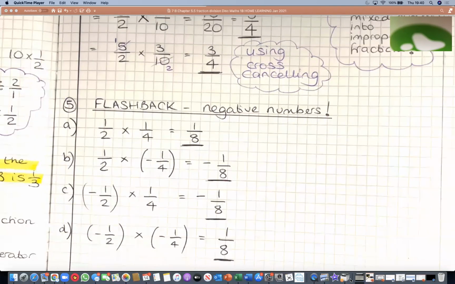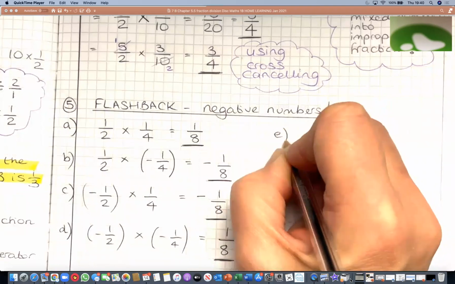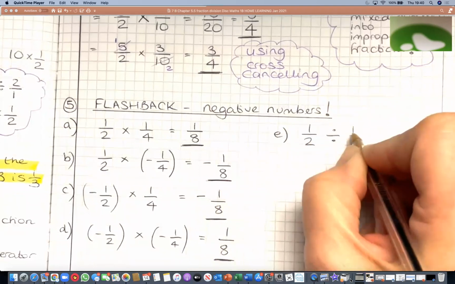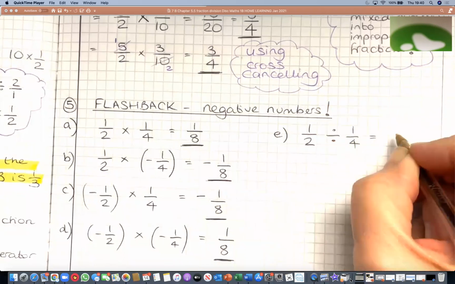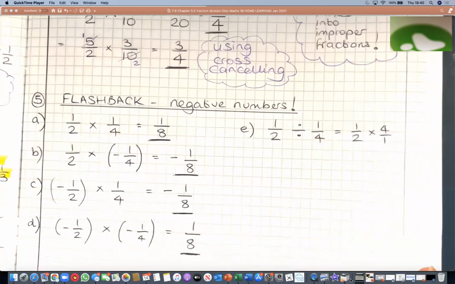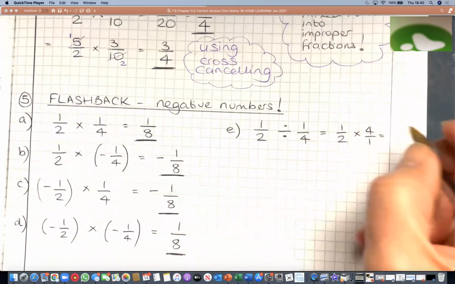Exactly the same thing applies for division. So if I had 1/2 divided by 1/4, that's the same as 1/2 times by 4/1, which is going to give me, can you read that? Just about 2.